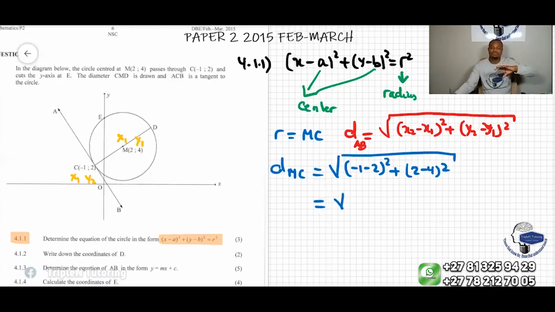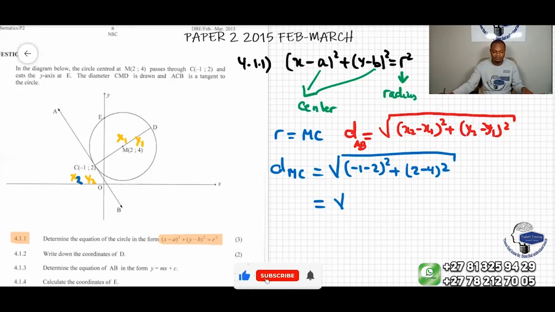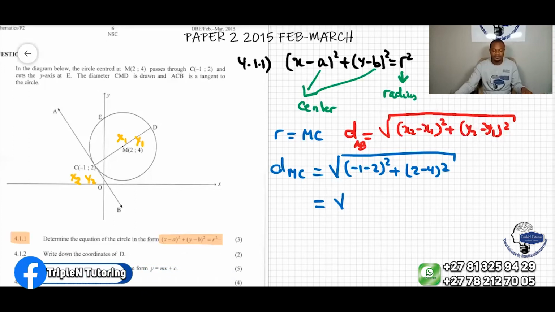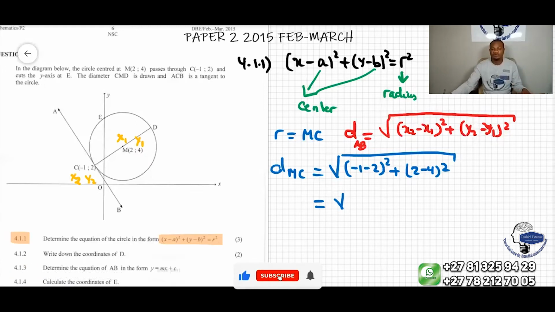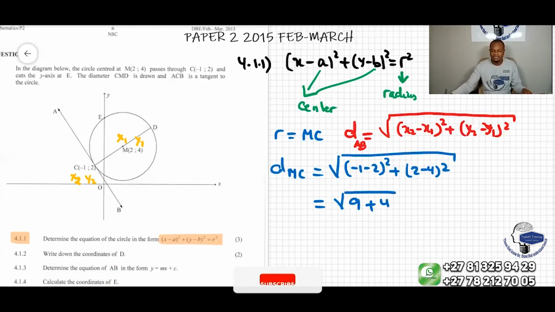It doesn't matter which one is the first point, so you can take C as the first point, or M, still the same thing. So now, negative 1 minus 2 to the power of 2 is positive 9, plus 2 minus 4 to the power of 2 is 4. So now we can see that MC is root of 13.